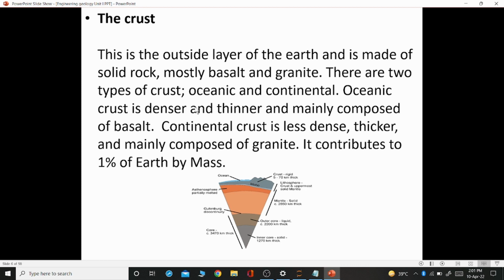There are two types of crust. One is oceanic crust, which deals with water, and continental crust, which deals with land. Oceanic crust is denser and thinner and mainly composed of basalt. Continental crust is less dense, thicker and mainly composed of granite. The crust is only 1% of the total weight of the Earth.